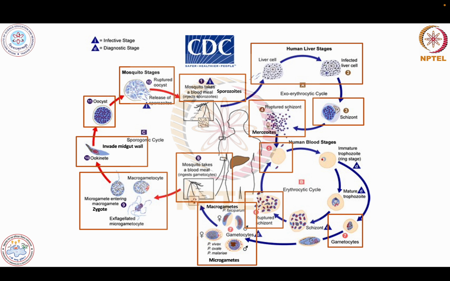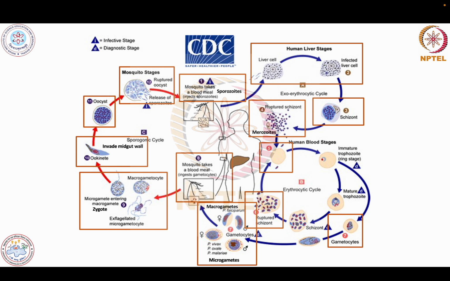So immature trophozoite or ring stage to mature trophozoite to schizont or gametocyte to ruptured schizont, and then from the gametocytes it forms microgametes and macrogametes, and then the mosquito takes a blood meal and ingests gametocytes.